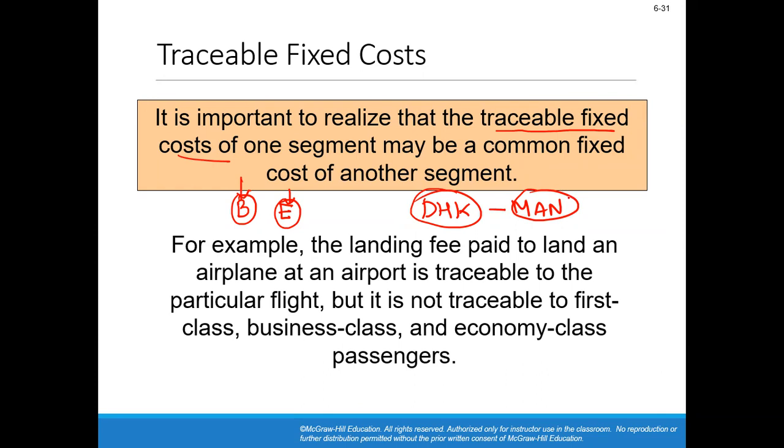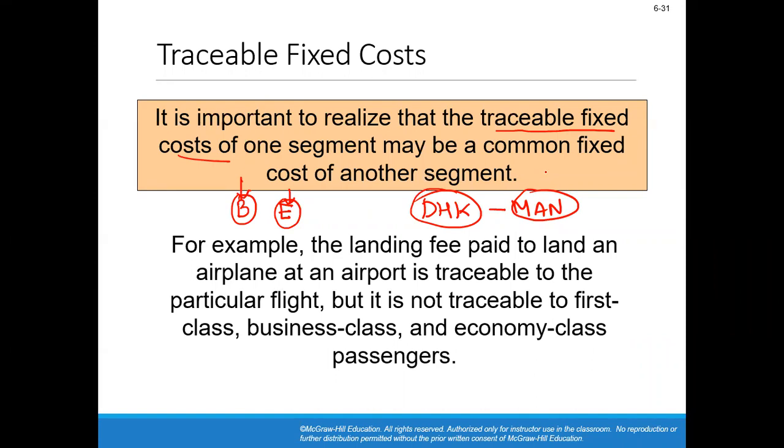So that landing fee is a kind of fixed cost because it will be for a period, 6 months or 1 year, whatever it is, for a specific number of flights that will be operating during this time period.